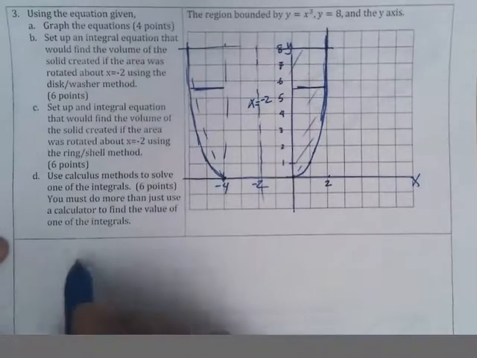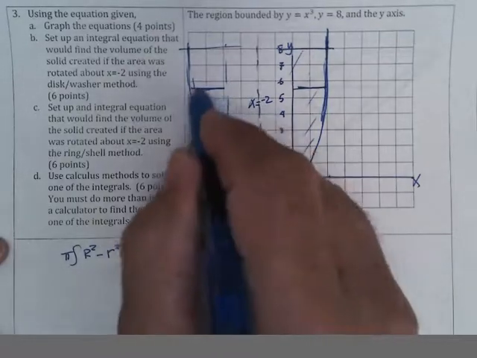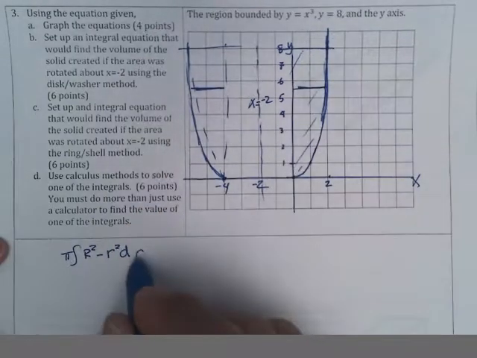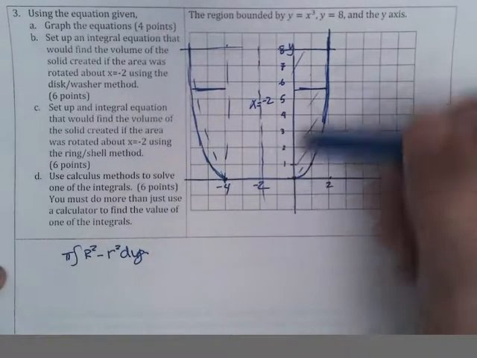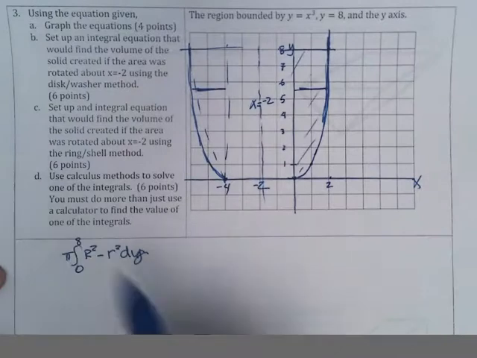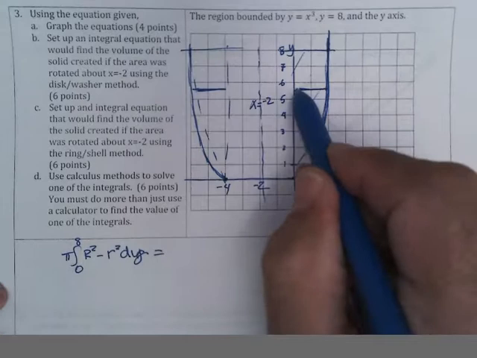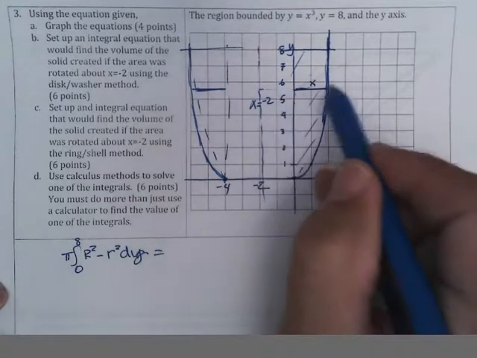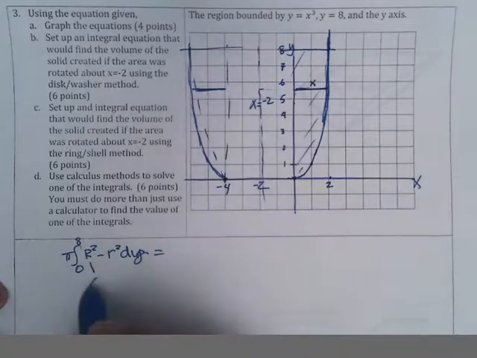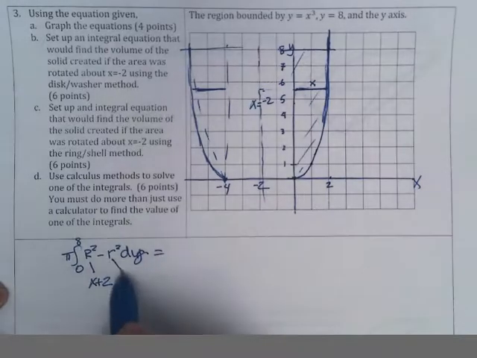And I'm going to do the antiderivative of pi times large radius squared minus small radius squared, d. Its thickness is in the y. And y is going to go from 0 to 8. And my large radius is, if I'm going from the x-axis, this is x. So the large radius is 2 more than x, so it's x plus 2. My small radius is always 2.